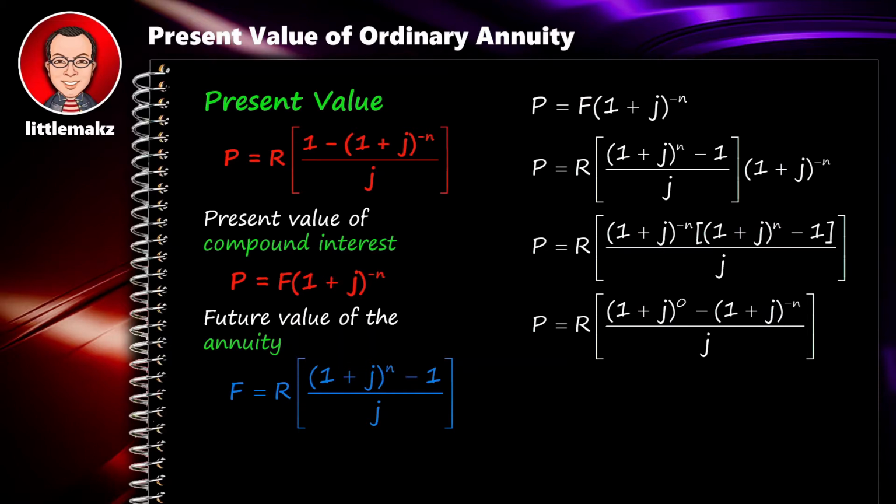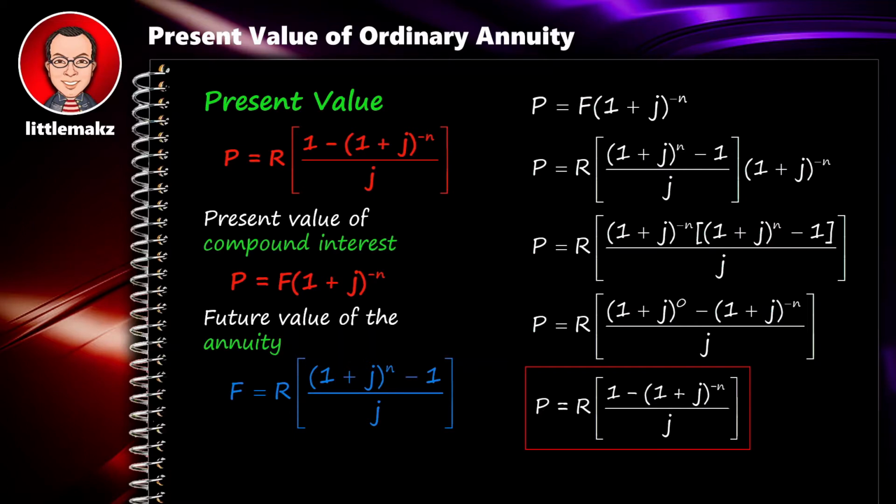So we have minus 1 plus J raised to the negative n. J remains to be our denominator. And finally, since 1 plus J to the 0 power is 1, then we've got the formula P is equal to R, the quantity 1 minus quantity 1 plus J raised to the negative n all over J.